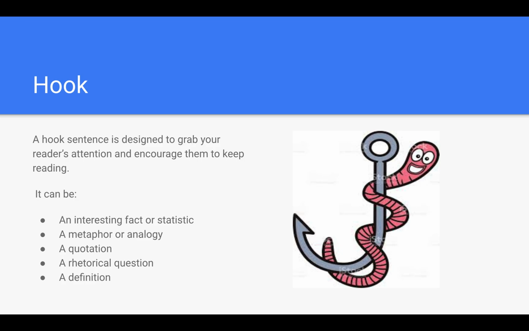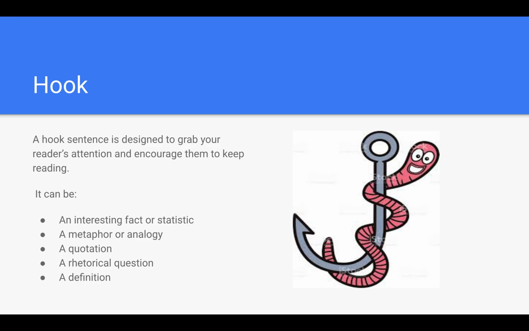Sometimes people use a definition, although it depends. You've got to be real careful about using a definition to start off an essay. Often it can be a rhetorical question. A rhetorical question is one that doesn't demand an answer. And often it can be a question that the reader would have no idea about.